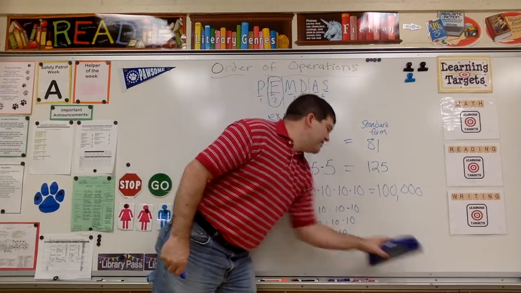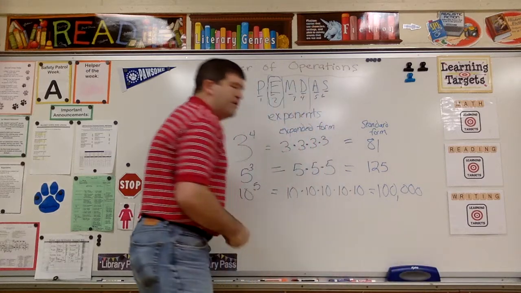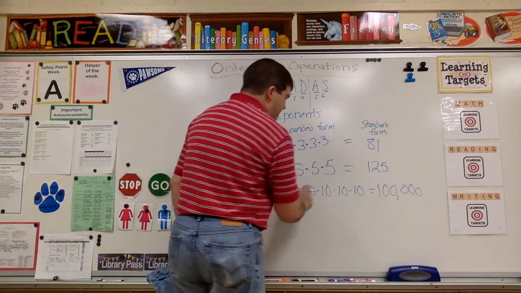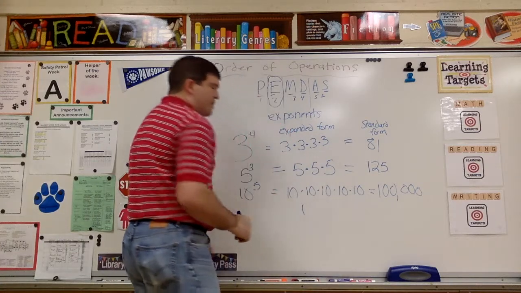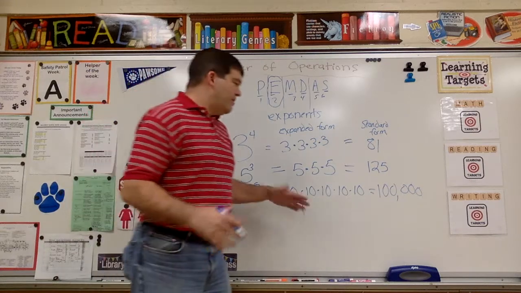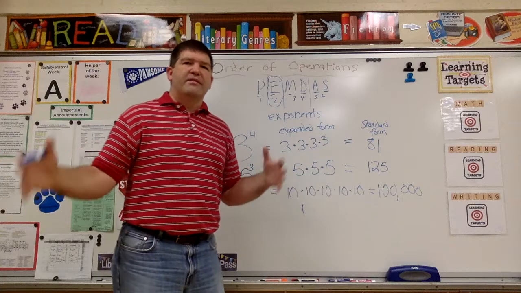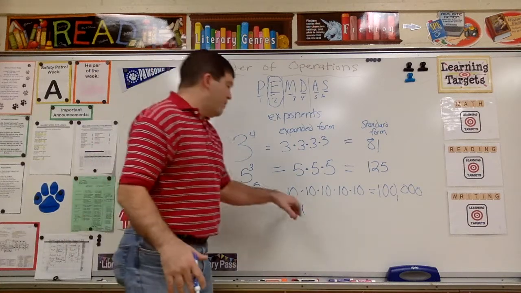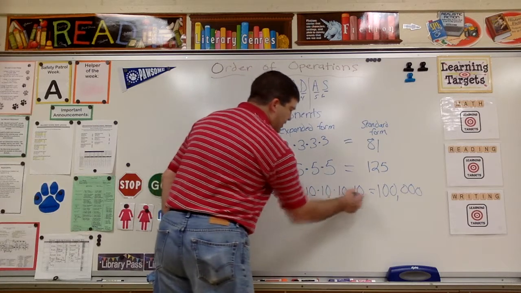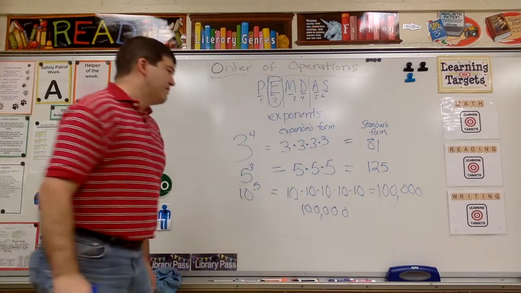Now, with tens, the way I could have figured this also out is I know anything times 10, you're always going to have a 1 at the start, 10 times 10, or 100 times 100, or 1,000 times 1,000, 100,000 times 1,000, you're going to have that 1, and then you just got to count how many zeros. 1, 2, 3, 4, 5. 1, 2, 3, 4, 5, get you 100,000.